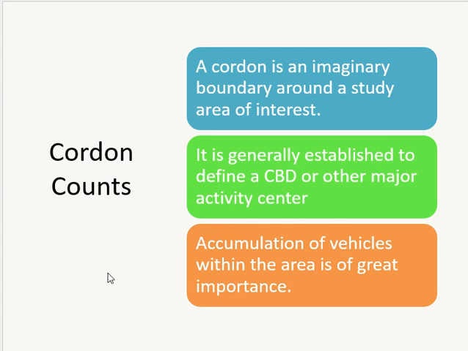Clear? So what do we want to know at the end? Accumulation of vehicles inside the cordon, inside the area. How many vehicles are accumulated? Accumulation means together. How many vehicles are inside the area at a time? Accumulation.